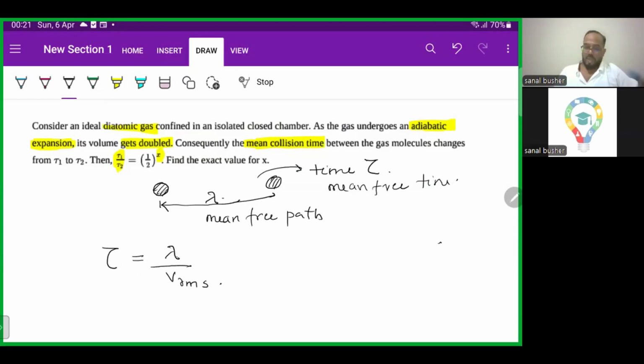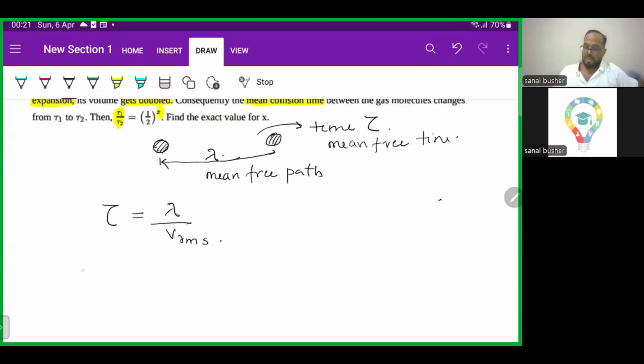So Vrms, you know that equation: root of 3RT by M, right? This M is the molar mass. And lambda, we will check first. Lambda is equal to what?